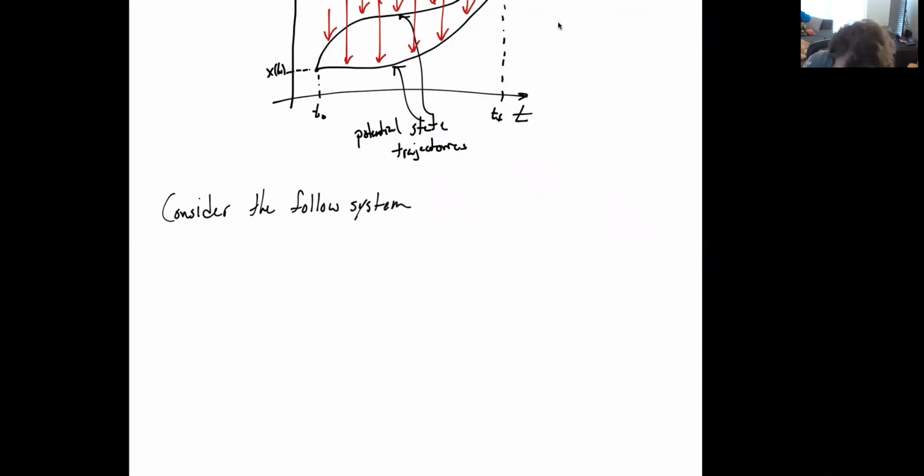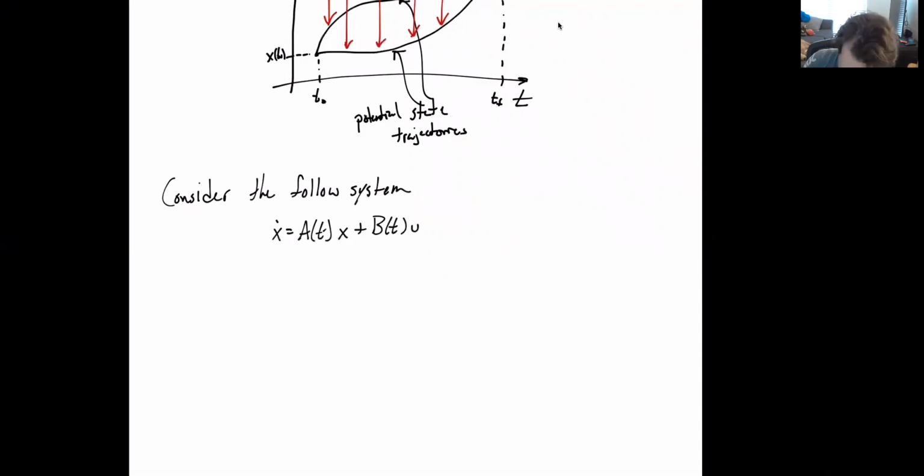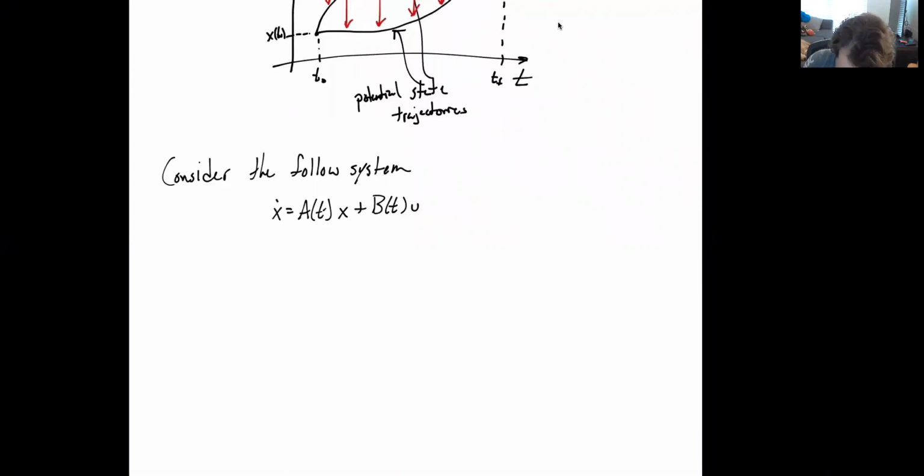We're going to consider just a linear time-varying system. Remember, time-varying is when the matrices A and B are functions of time. And then we could have an output and an initial condition. Great.